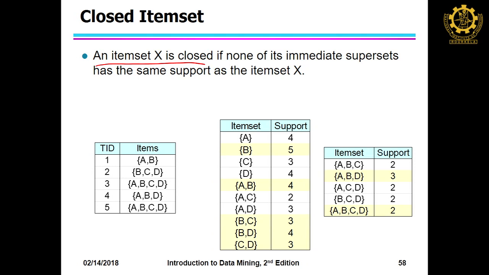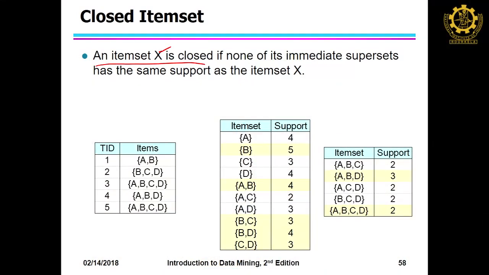So, it is saying that its immediate superset should not have the same support. Superset means obviously it cannot have more support than the concerned item set. So, they are saying it should have lesser support than the concerned item set.